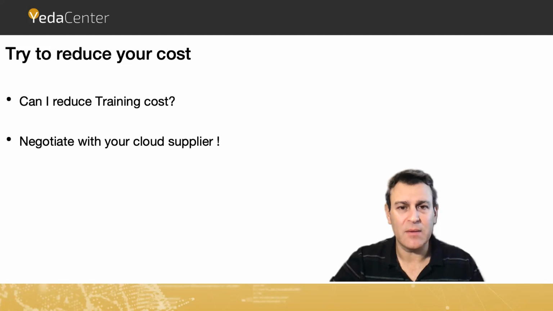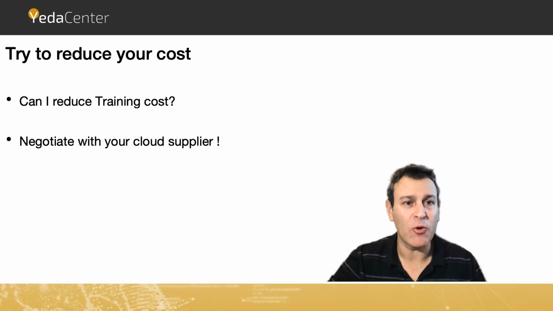The last tip is to negotiate with your cloud provider. Once the training of your model is completed, you can negotiate with your cloud provider because you know the amount of servers that you need. You might be able to just test in many cloud providers how much money you pay for the same cluster running on multiple providers, just for testing and just to have a negotiating point with your cloud providers.